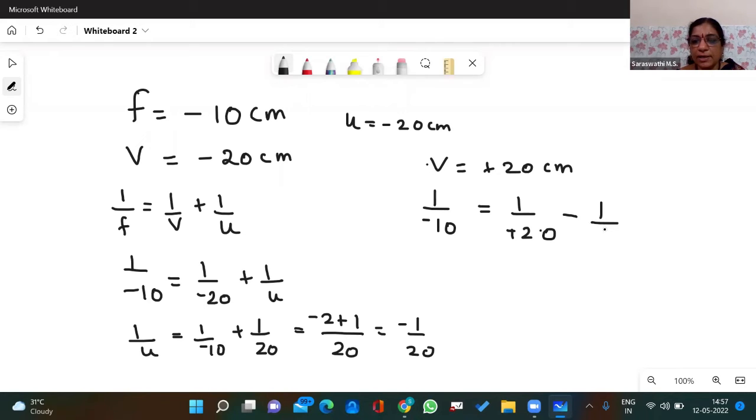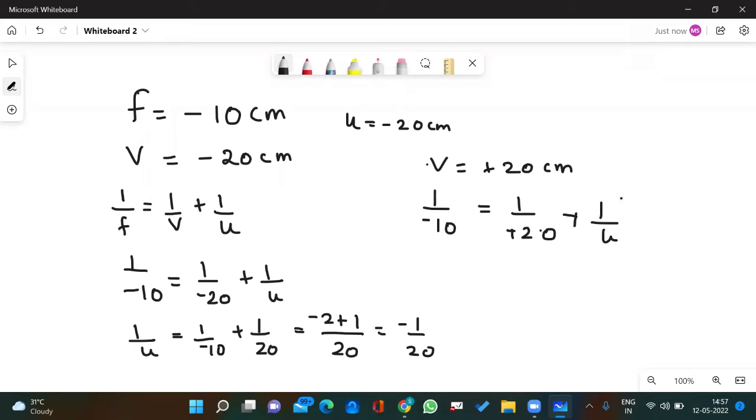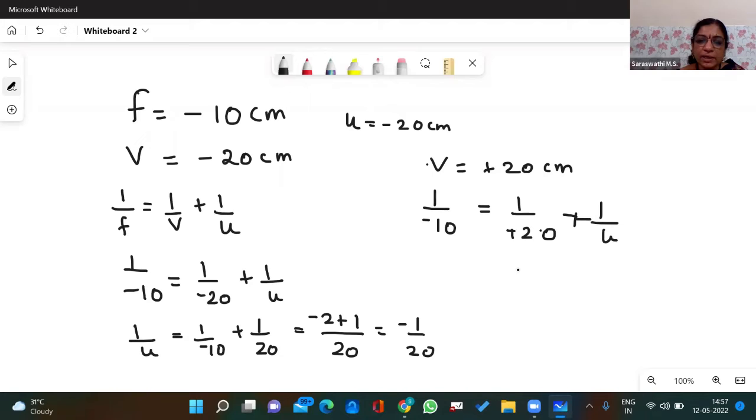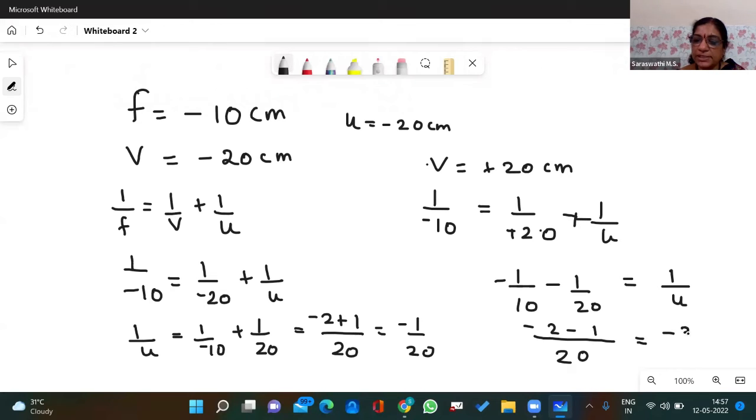Plus 1 by U. Okay, so you get here 1 by minus 10 minus 1 by 20 equals 1 by U. So LCM is 20. So it is minus 2 minus 1. So this will give you minus 3 by 20, or U is equal to minus 20 by 3, which will be minus 6 point something.